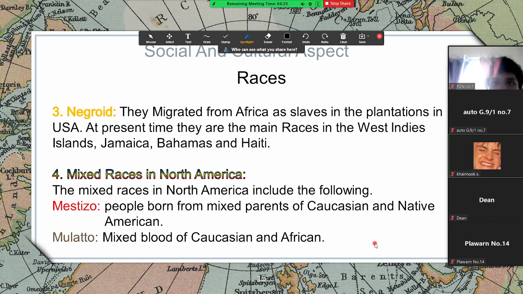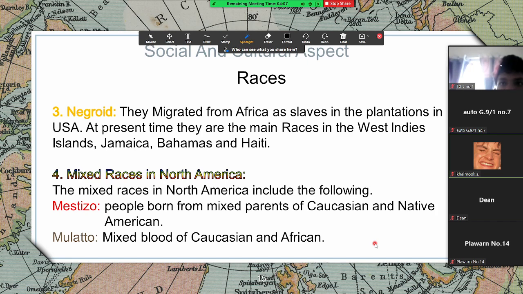Nowadays they are not called mulatto; they are now called African Americans.